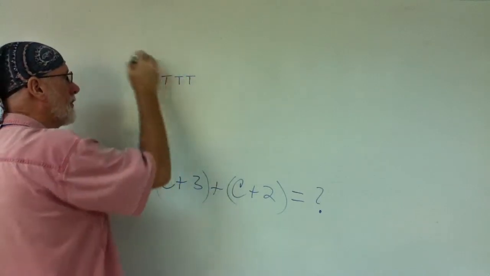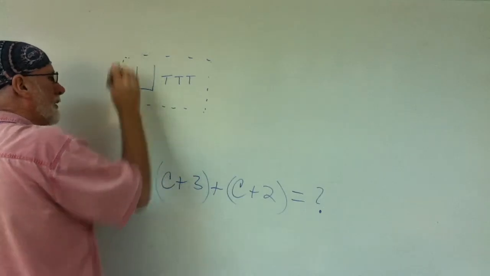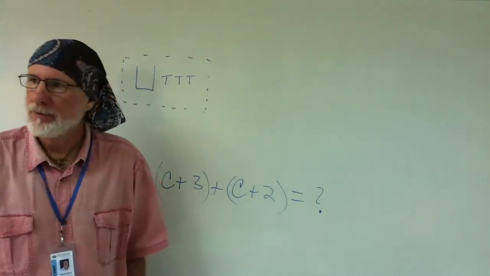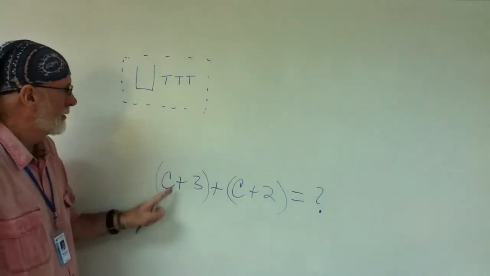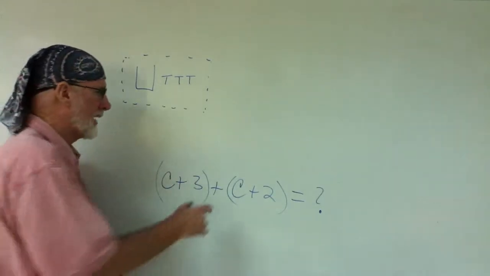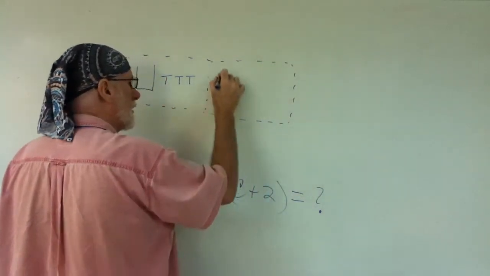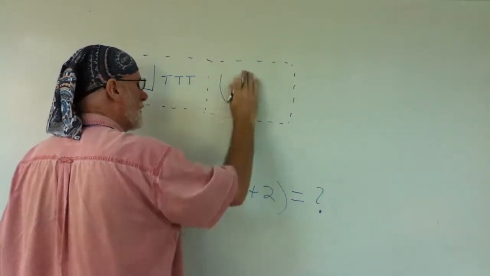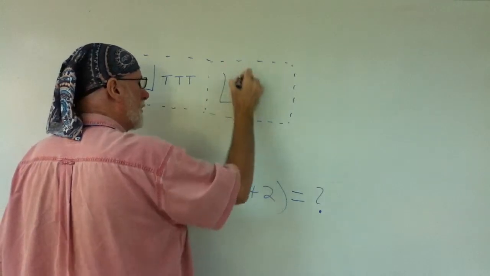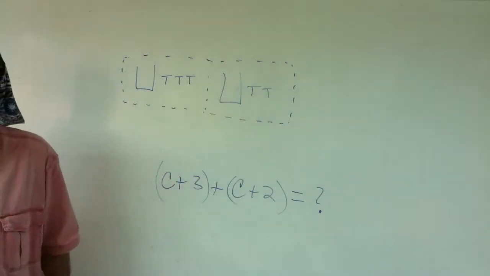Right? And I put a thing around it, wouldn't I? A C plus 3, right? Yes? And then I'd say a cup, plus 2. Wouldn't I? Yes or no?